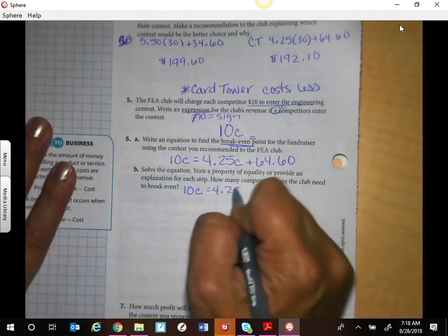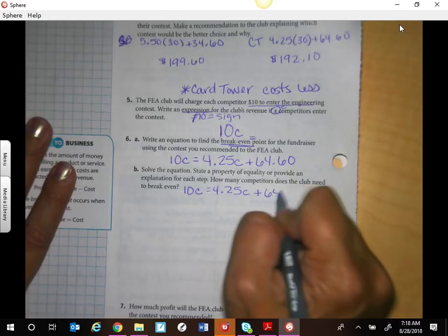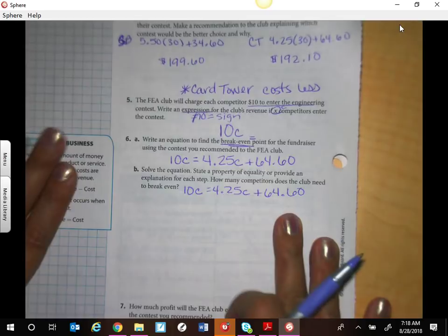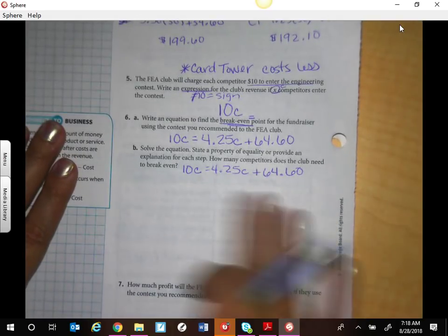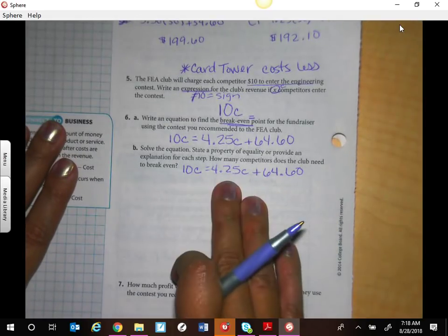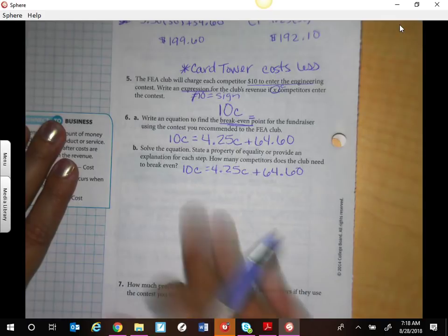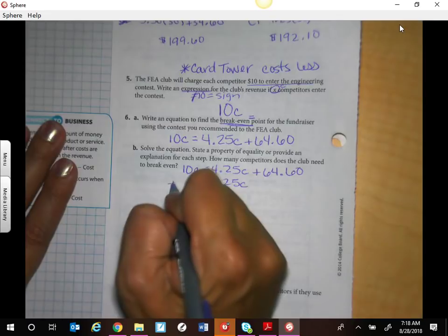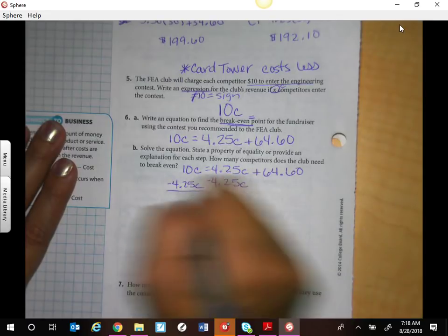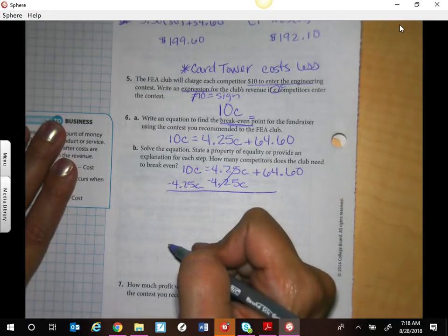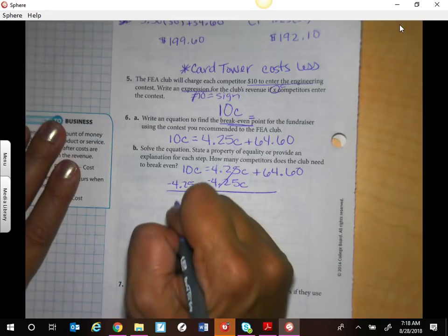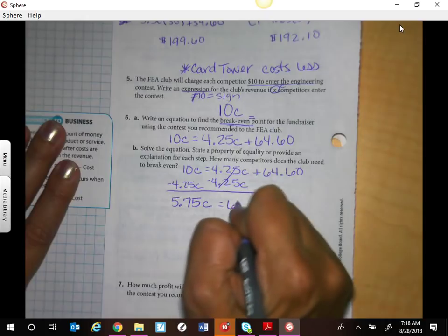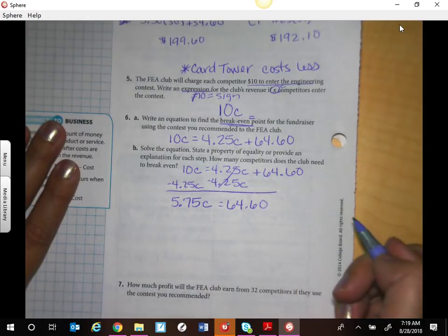Now, again, going through those steps, we don't have any distributive property, we don't have any collecting like terms, but we do have variables on both sides. This 4.25 is smaller than 10, so using the inverse property of addition, I'm going to go ahead and move it over. 10 minus $4.25 is $5.75 per competitor, and we still have $64.60.